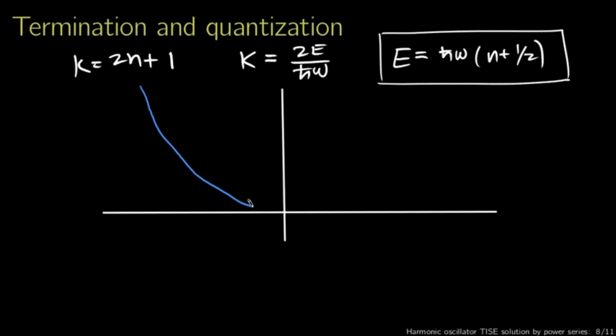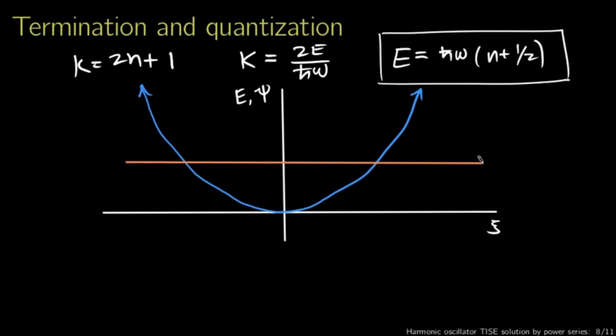What this looks like in the context of the solutions to the Schrödinger equation is if we have our solution, say, written as a function of xi, treating this as now a sort of combined energy and wave function axis. If I have, say, the energy constant, E, and my wave function starts here, and the energy is too high, you know that the wave function curves towards the axis when the energy is above the potential.